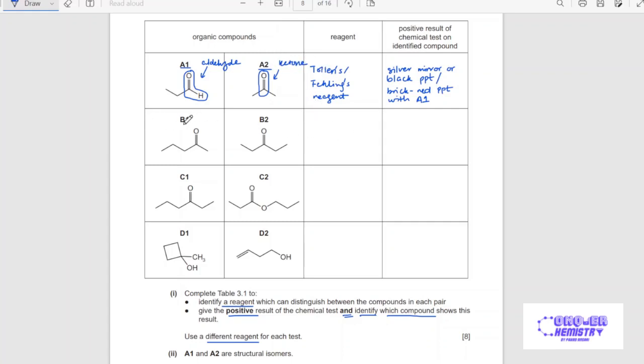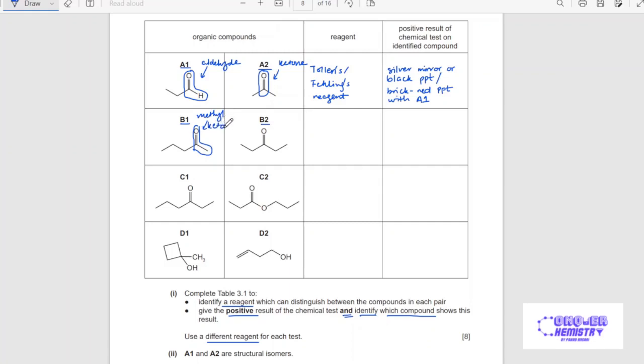All right, now next pair we have B1 and B2. Now both of them are ketones, but the difference over here is that B1 is a ketone with a methyl group on one side. So this is a methyl ketone.